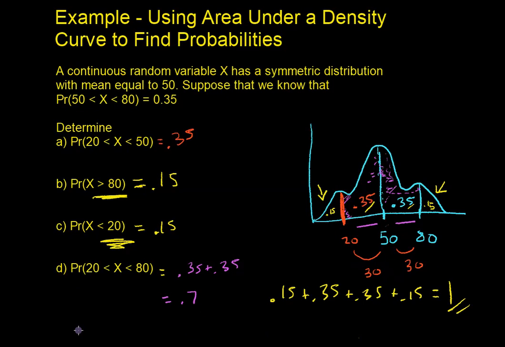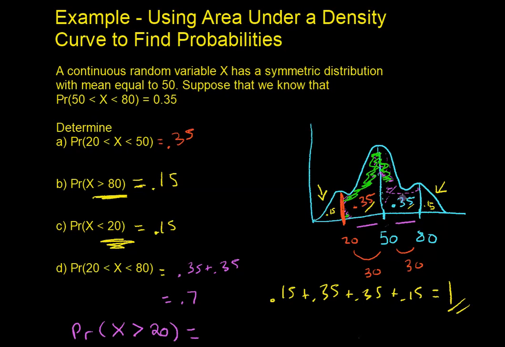Well, actually, I'm going to add one more. Say you were asked to find the probability that x is greater than 20. There's two ways you could do this. One is easier than the other, but let's talk about both. The first way is to say, greater than 20, so that's here where I'm marking in green.